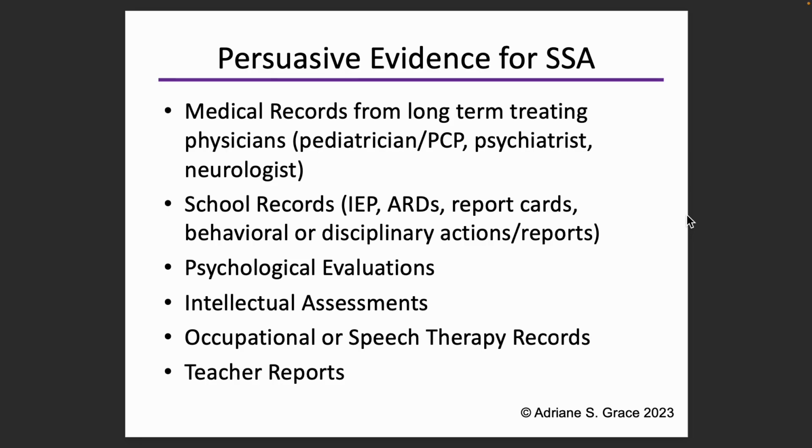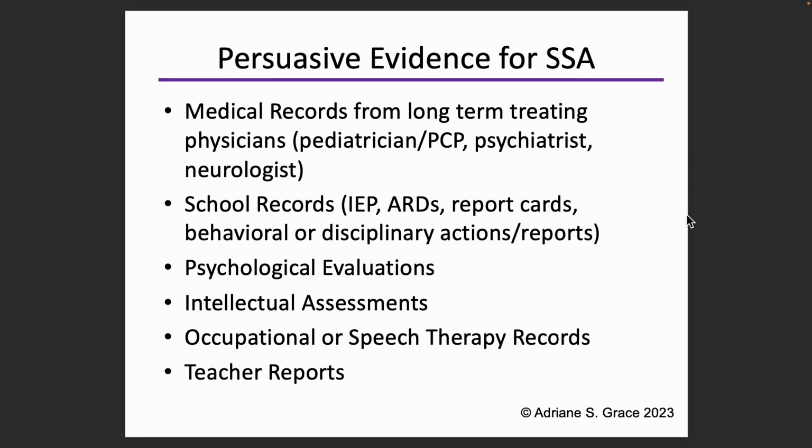I won't make you back up, but if you look at the prior slide on autism, some of the things that they're looking for, they can match up to what the teachers and the counselors have been saying about your child and these reports concerning their functional limitations.